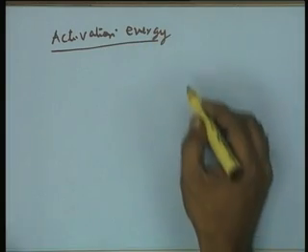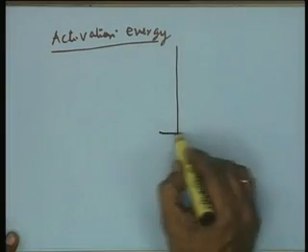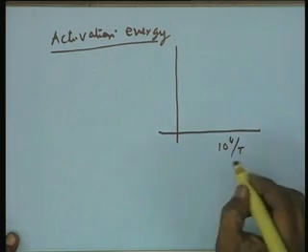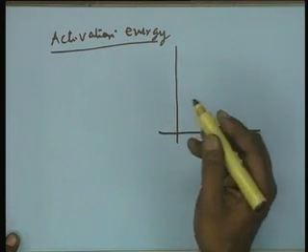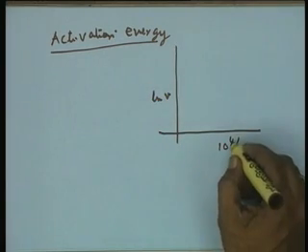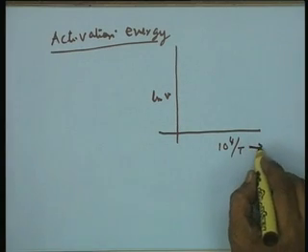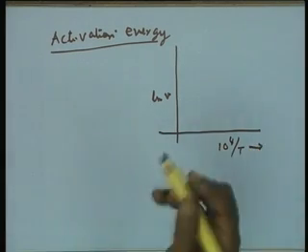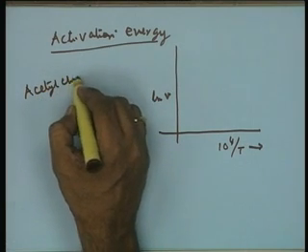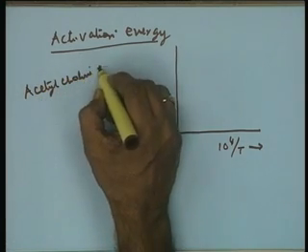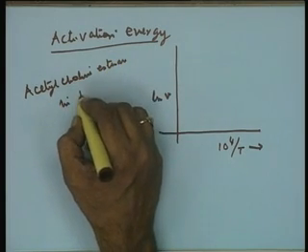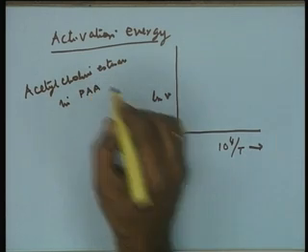Now, just to illustrate my point, I would like to make you familiar with some of the experimental data which were reported. This is ln V versus 1 upon T for acetylcholine esterase immobilized in polyacrylamide gel particles.